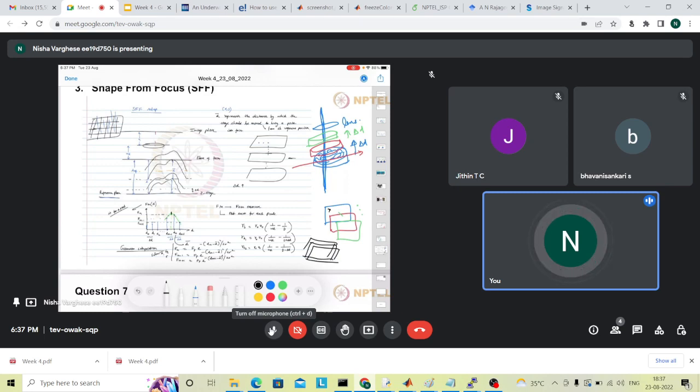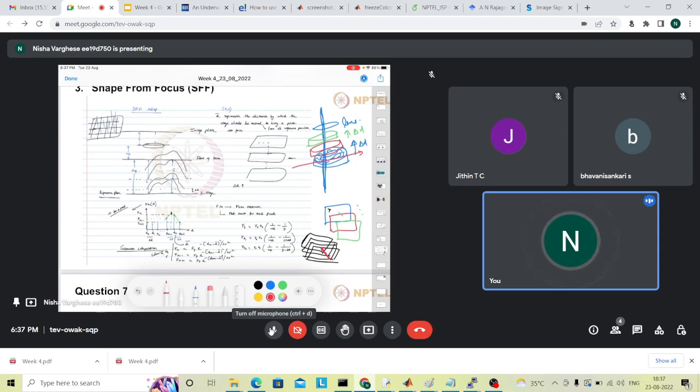This is a stack of frames, and we take one pixel here. Then we just watch the values along that pixel at every frame.